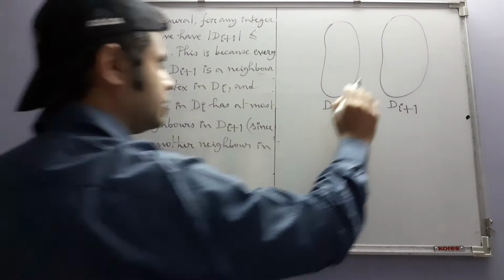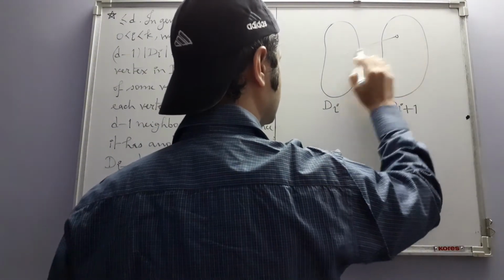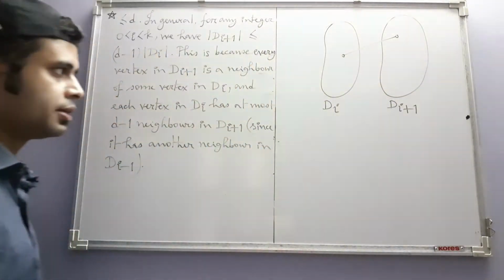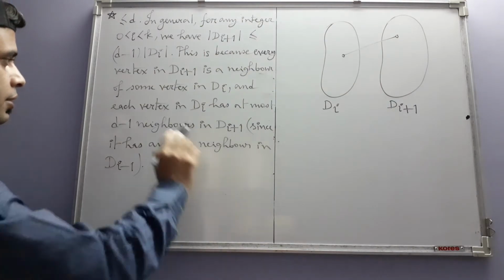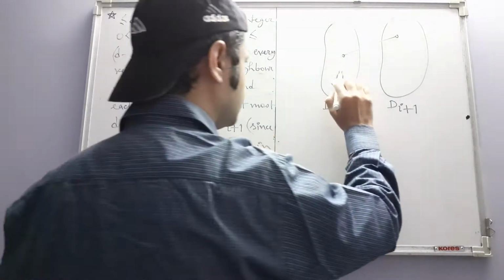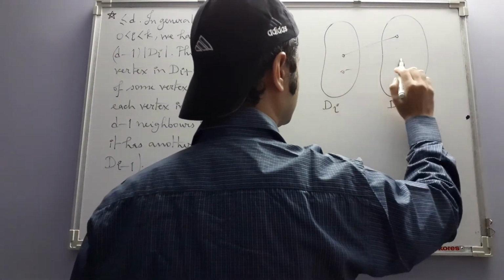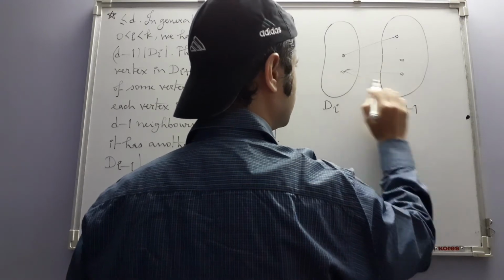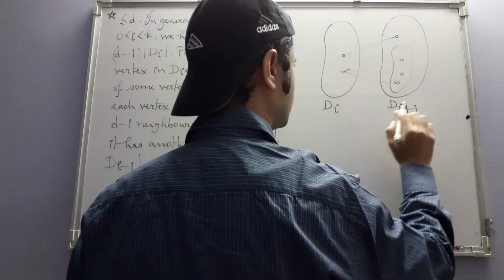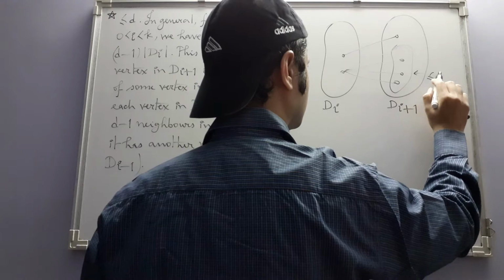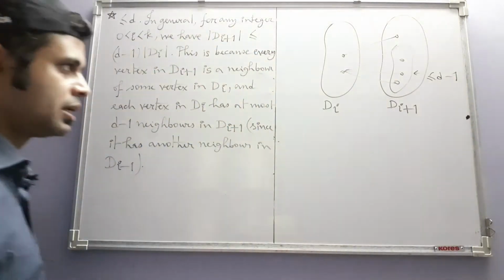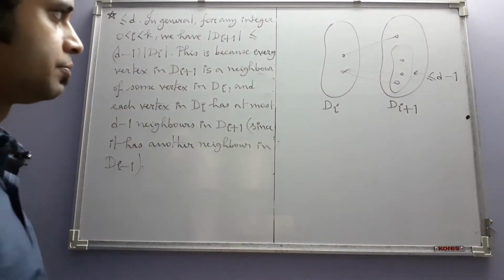Every vertex in Di plus 1 is a neighbor of some vertex in Di, and each vertex in Di has at most D minus 1 neighbors in Di plus 1.